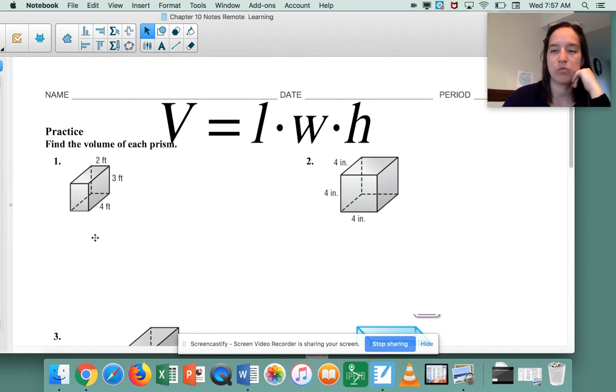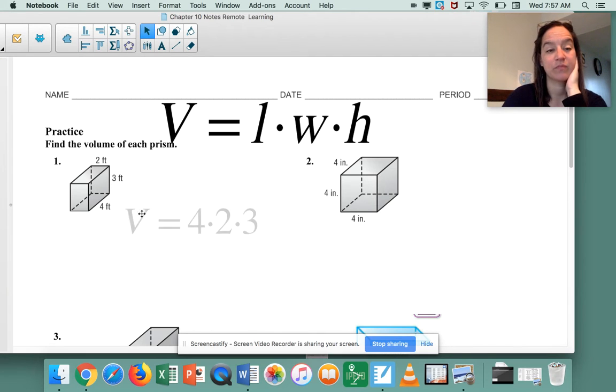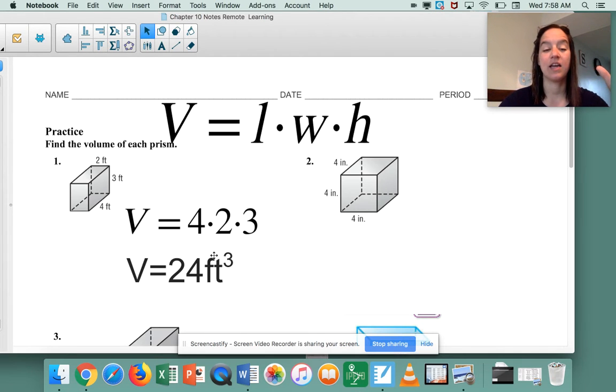I've just changed what location each of them are in. So here I did volume equals 4 times 2 times 3. I've made 4 my length, 2 my width, and 3 my height. When I type those in, I got 24 feet cubed.